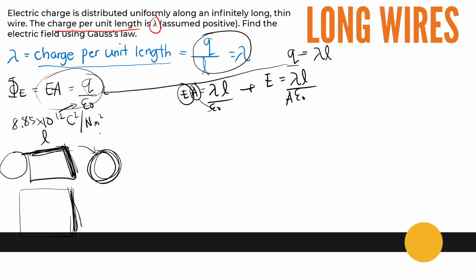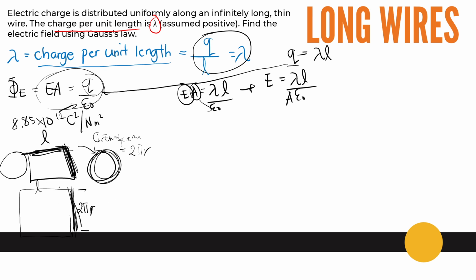So, ano ba circumference ng circle? Circumference ng circle is equal to 2 pi r. So yung width ko dito is also 2 pi r. Now, I need my surface area, yung area na nilalabasan ng electric field ko.